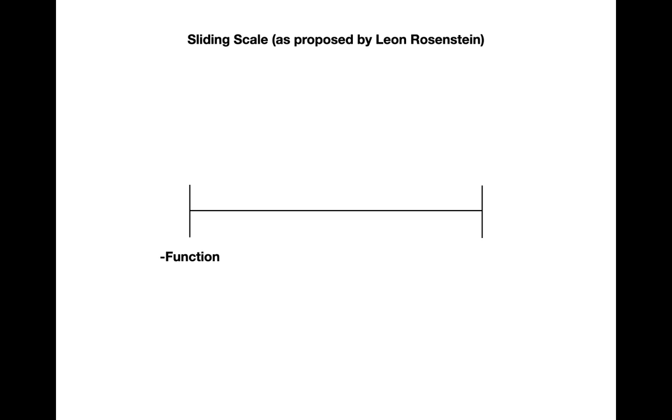So on one end of the scale, you have things that have a definite function. The materials are very important. So think of a coffee mug. It has a function. The materials are very important. If the coffee mug that we make doesn't hold the coffee, then it's kind of a failure as a coffee mug.